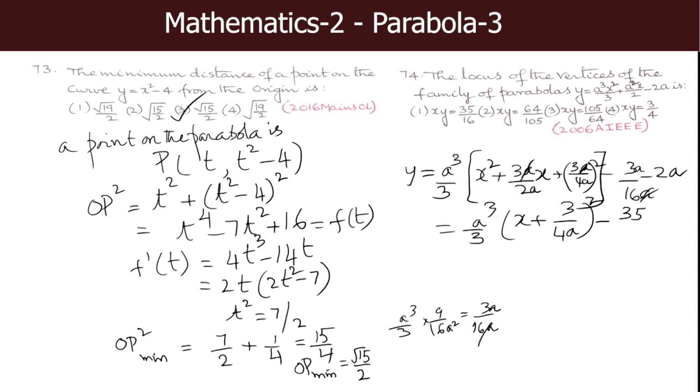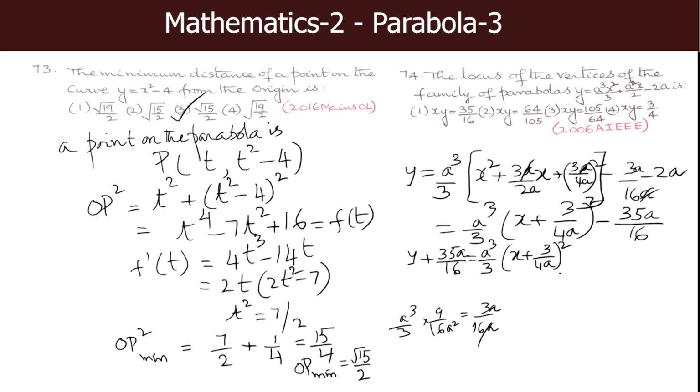So minus 3a by 16 minus 2a, that is minus 35a by 16. Or y plus 35a by 16 is equal to a cubed by 3 into x plus 3 by 4a whole square.